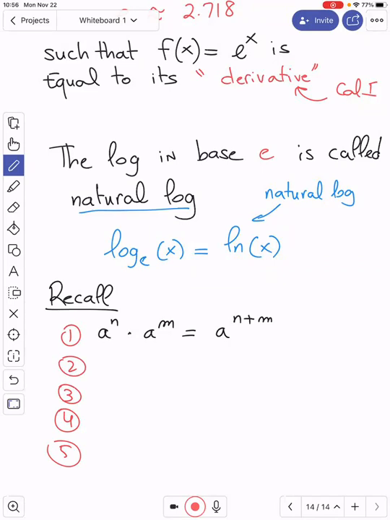And if you have a to the power m over a to the power n, that's a to the power m minus n.